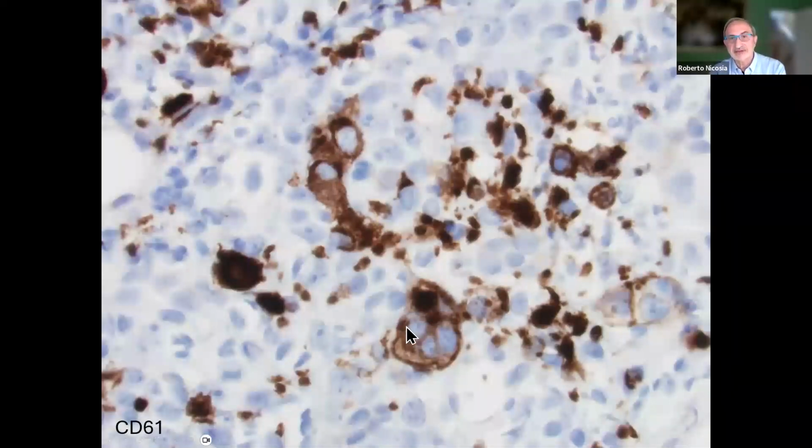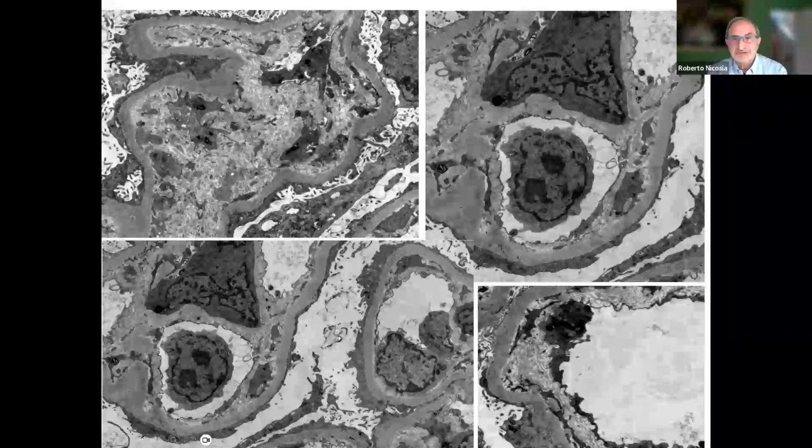And you can see that these large cells are surrounded by small fragments of cytoplasm, which are platelets shed by the cells in this cellular infiltrate. So with these stains, we were able to demonstrate that the infiltrate comprised trilineage hematopoiesis, indicating that we were dealing with extramedullary hematopoiesis involvement of the kidney biopsy.